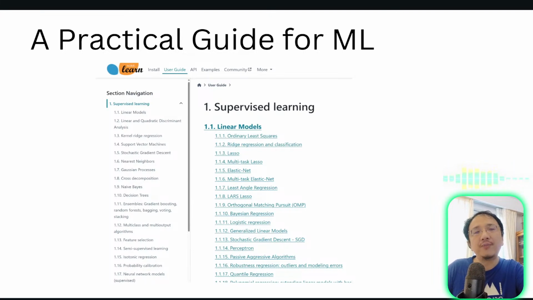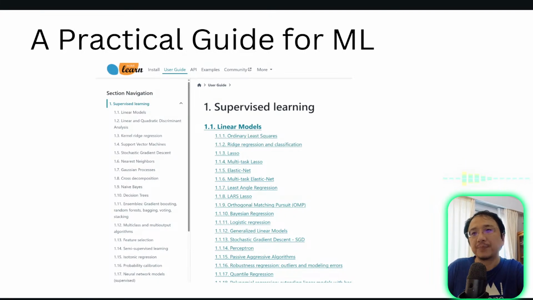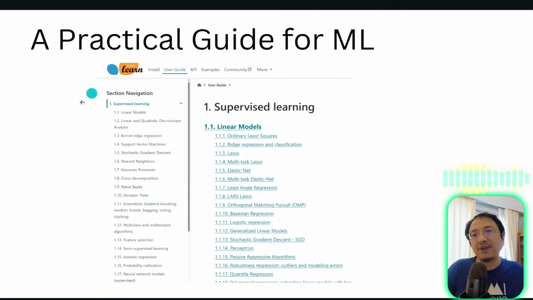Another way of reading the user guide of Scikit-learn is to read the index. Look at the left side, where there is a navigation part. You can see each chapter and each section.